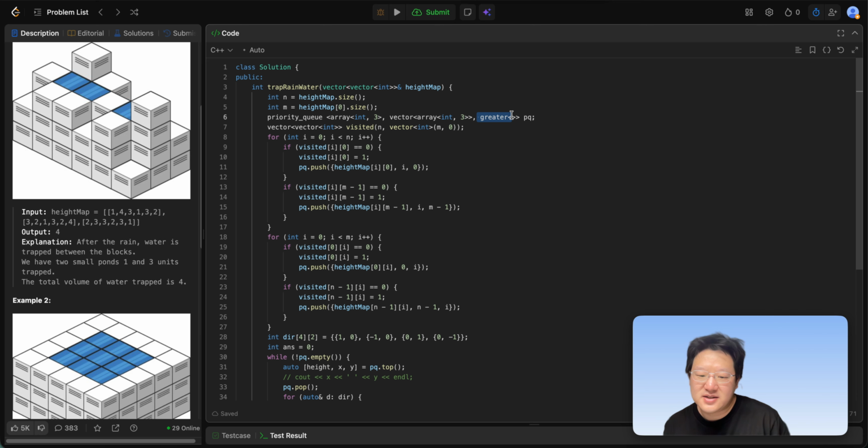Greater makes the smallest on top, because the priority queue default is a max heap. So we need to use this operator to change it to a min heap.